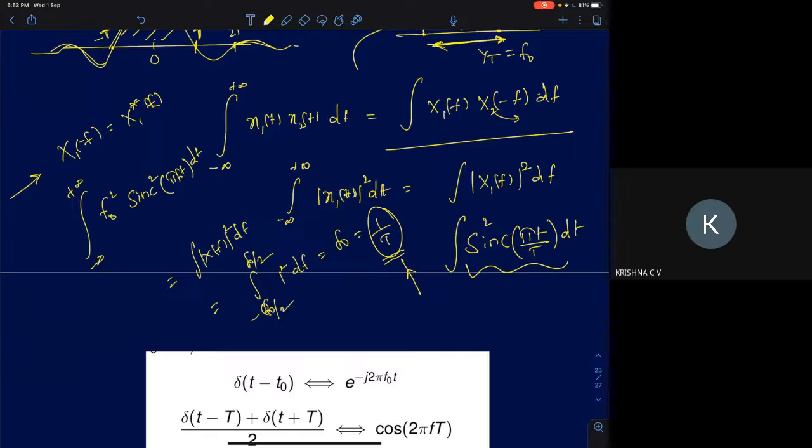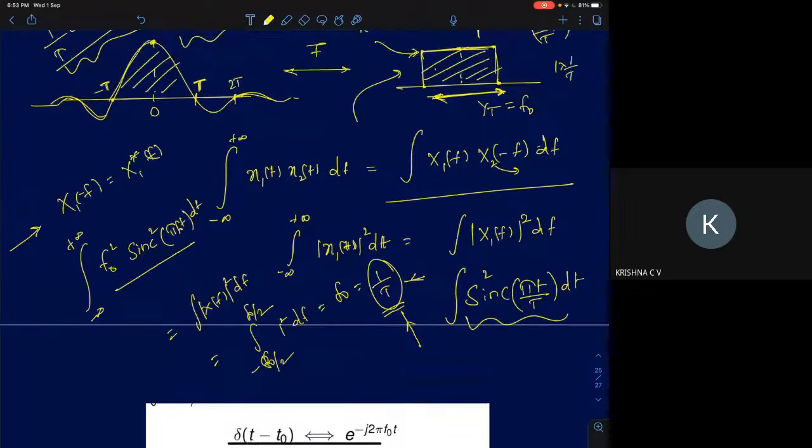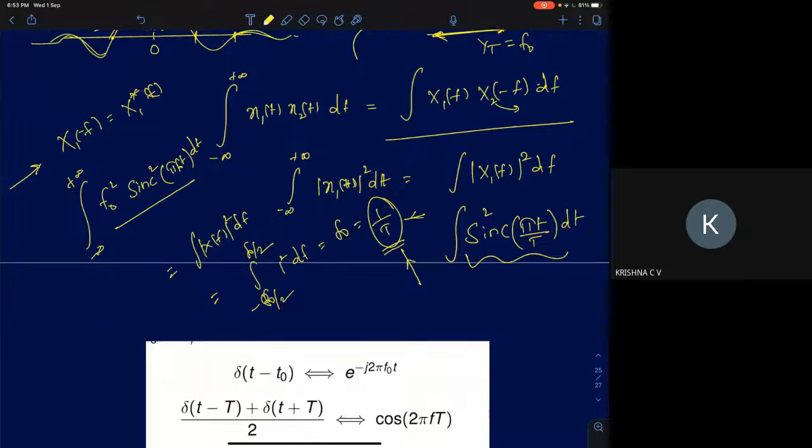Okay. So the only difference here is, if we know the f naught square integral is 1 by t, then if you remove the 1 by t, you'll have to calculate that integral. You should get it as t. Okay, the Fourier transform of sinc of pi t by t will be t into a pulse of width 1 by t in f.